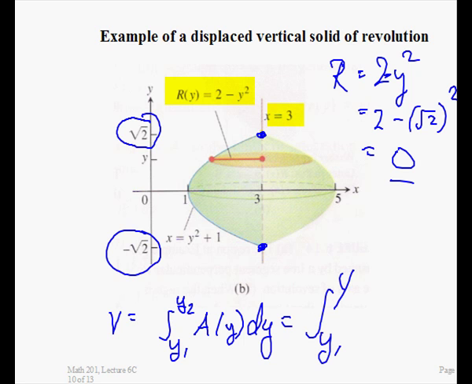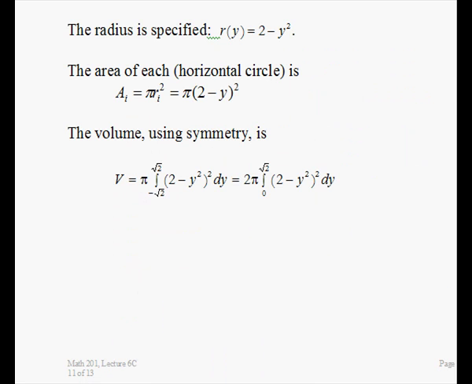So y1 to y2 of pi r squared dy, and here's my expression for r. And this is just the same thing typed out. The area is pi r squared, so it's pi times 2 minus y squared. I have to square that.